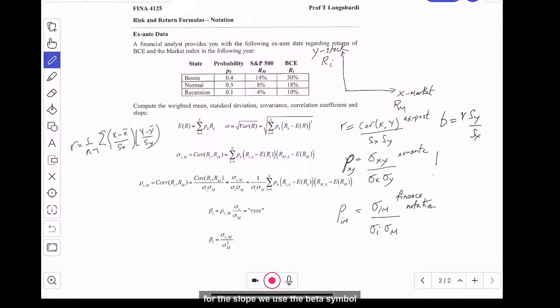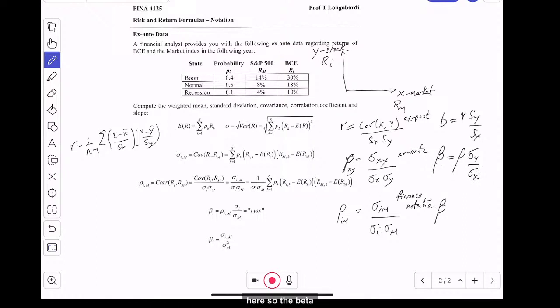For the slope, we use the beta symbol because it's Greek letters. We're treating it like it's a distribution and represents the population. So this is beta, this is rho, and then sigma y over sigma x. I could put xy in there too, but I don't because it's obvious.